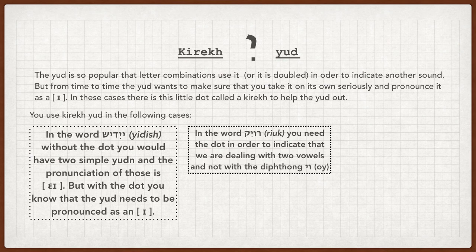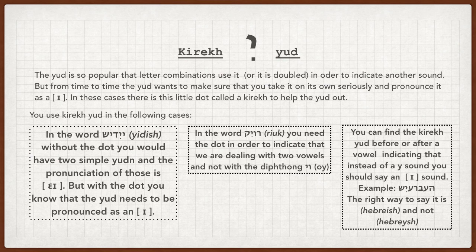So you pronounce it as ruhig and not roik. Finally, we have words like Hebreish, and in these words the Hirik Yod stands before or after a vowel, and it is indicating that the I is an I, not a Y sound. And yeah, that was it.